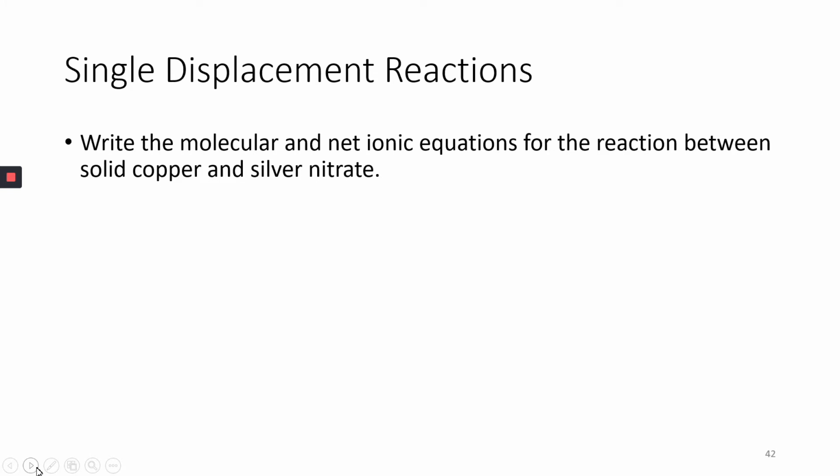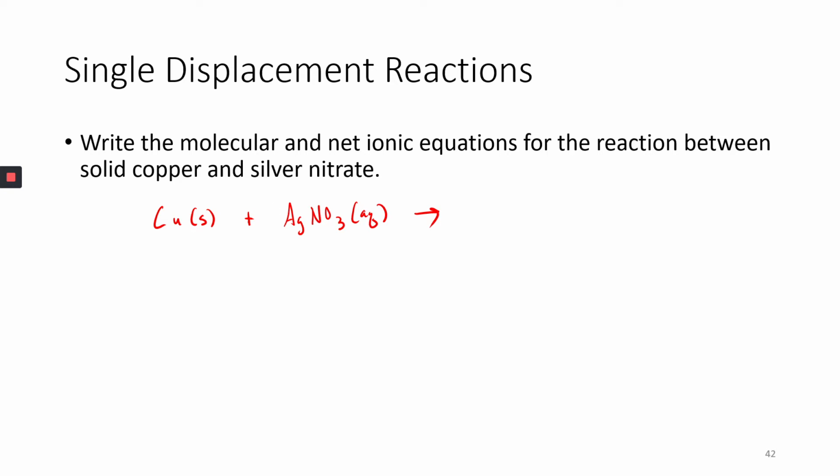So let's do an example. Let's write the molecular and net ionic equation for the reaction between solid copper plus a solution of silver nitrate. So that's aqueous. So this is single replacement. So the copper is a metal, so it will switch places with the metal here.